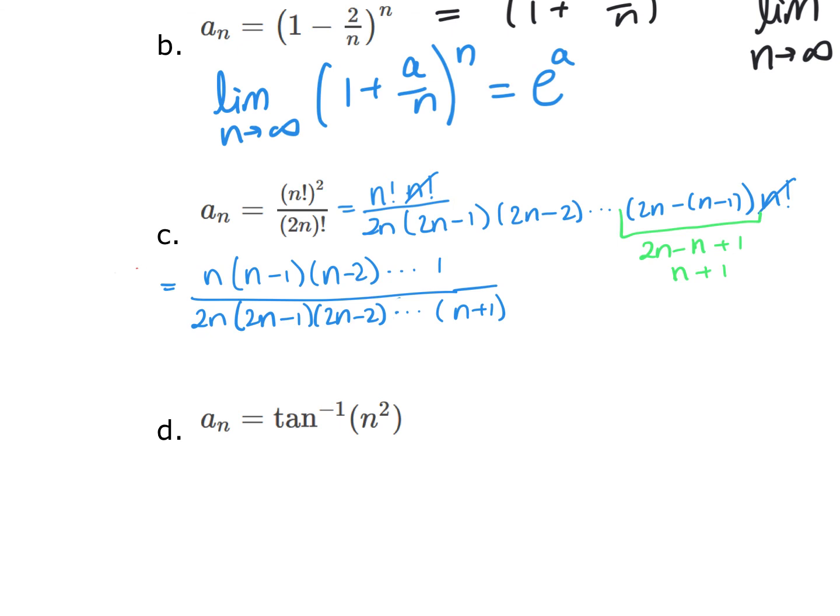All right, so this then becomes a multiplication. I can write this as n over 2n, multiplied by n minus 1 over 2n minus 1, multiplied by n minus 2 over 2n minus 2, all the way down to 1 over n plus 1.